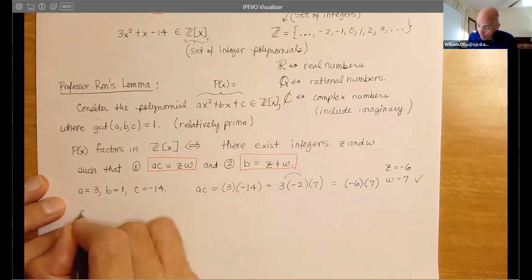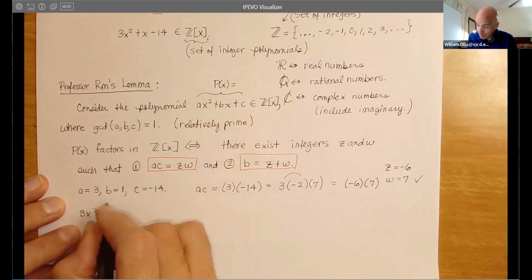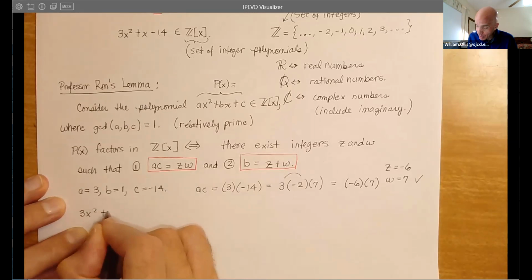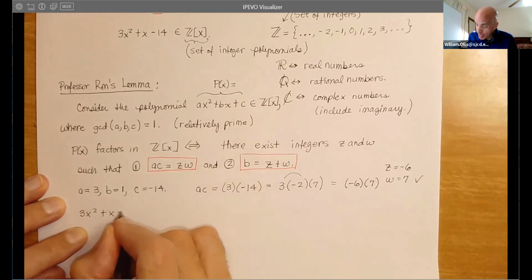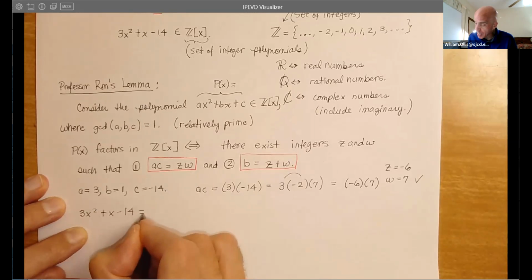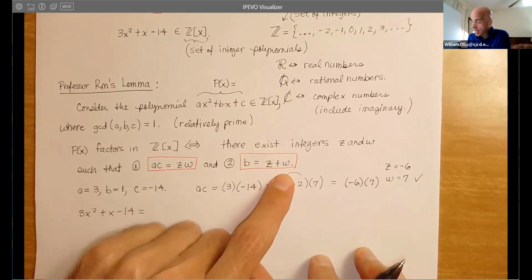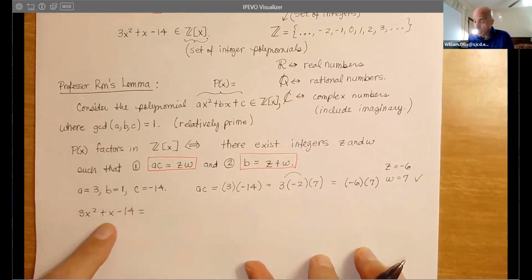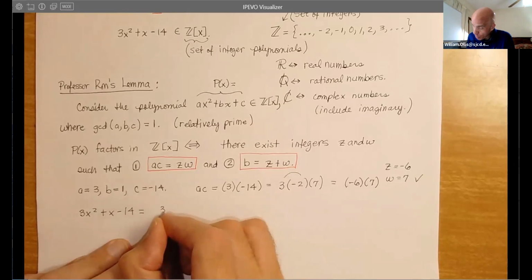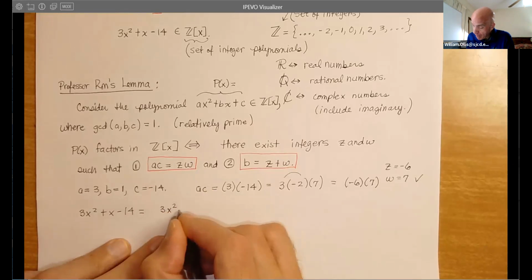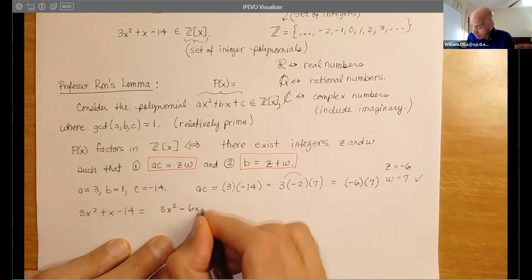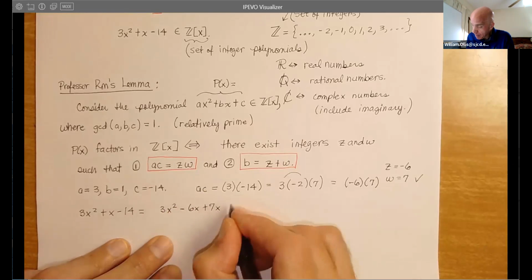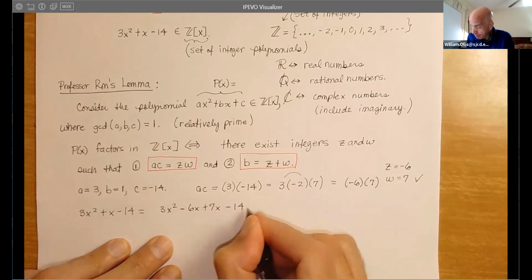So now we take our polynomial 3x squared plus x minus 14. And now the whole idea with this Z plus W is we use these numbers to rewrite the middle term, so to speak. So we have 3x squared minus 6x plus 7x minus 14.